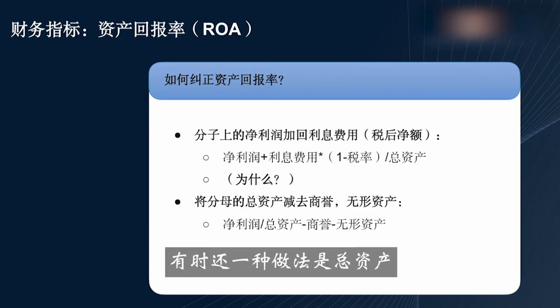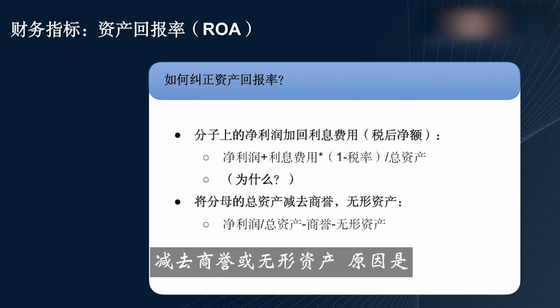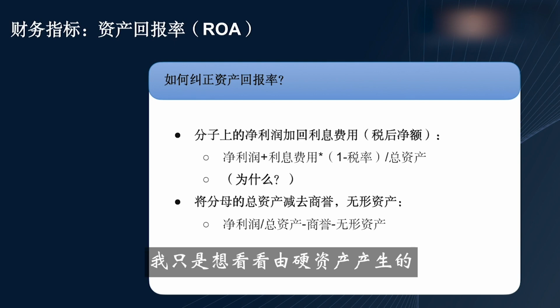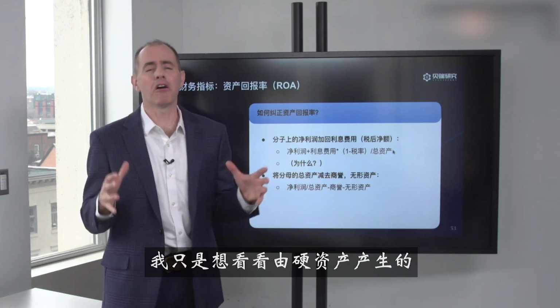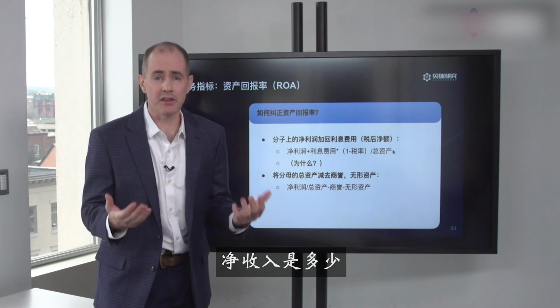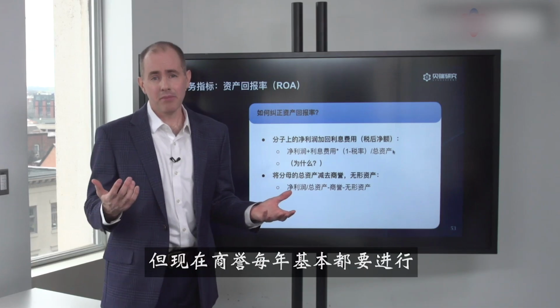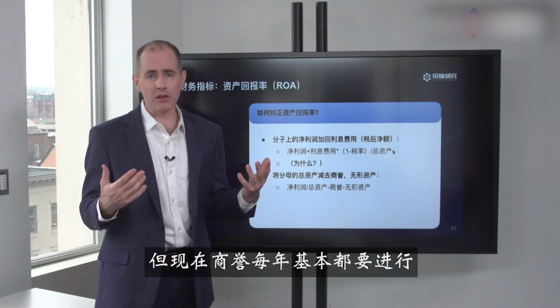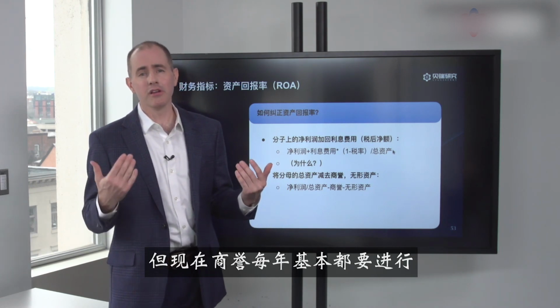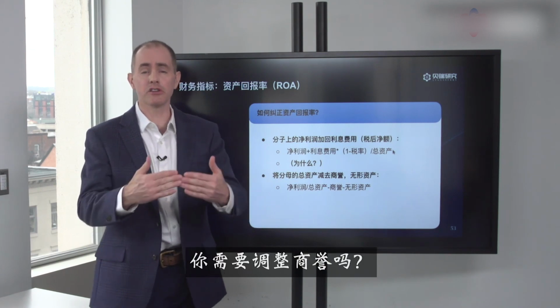Another thing people sometimes do is subtract goodwill or intangibles from the total assets. The rationale is, I just want to see what the hard assets are generating in terms of net income. This is okay logic, I'm not against it. But these days, goodwill is tested every year for impairment. Do you need to adjust the goodwill or not?